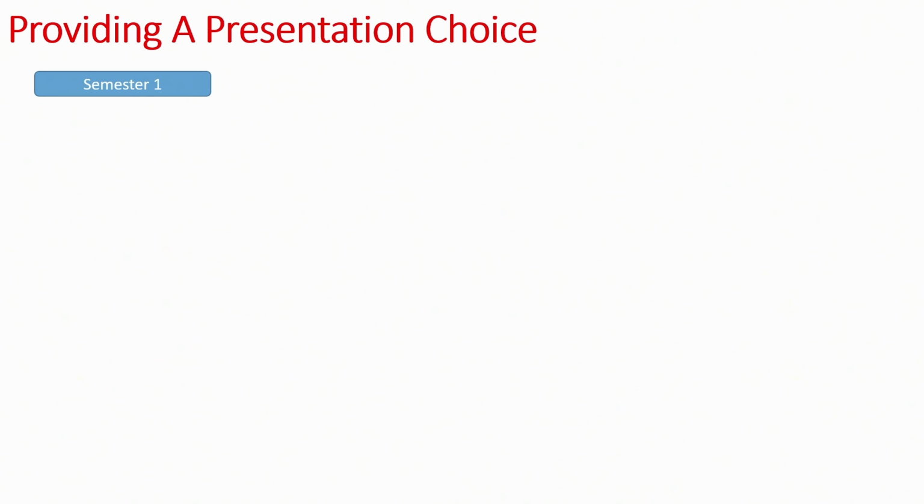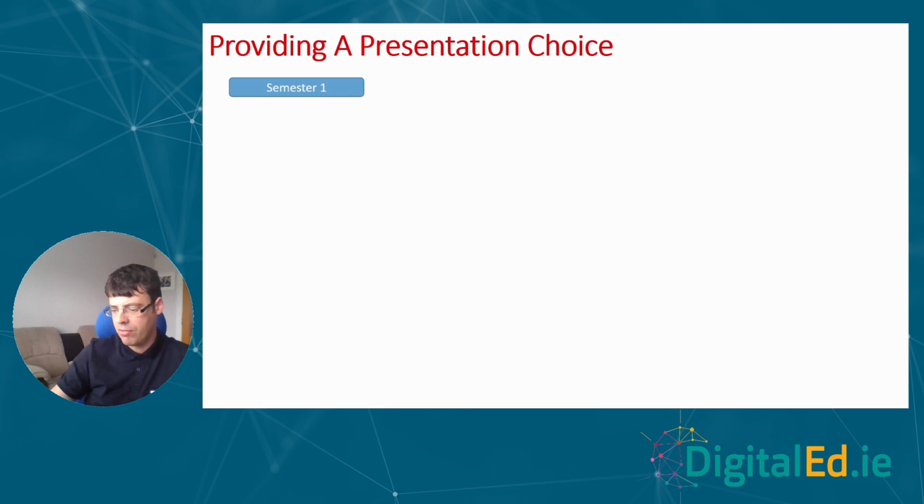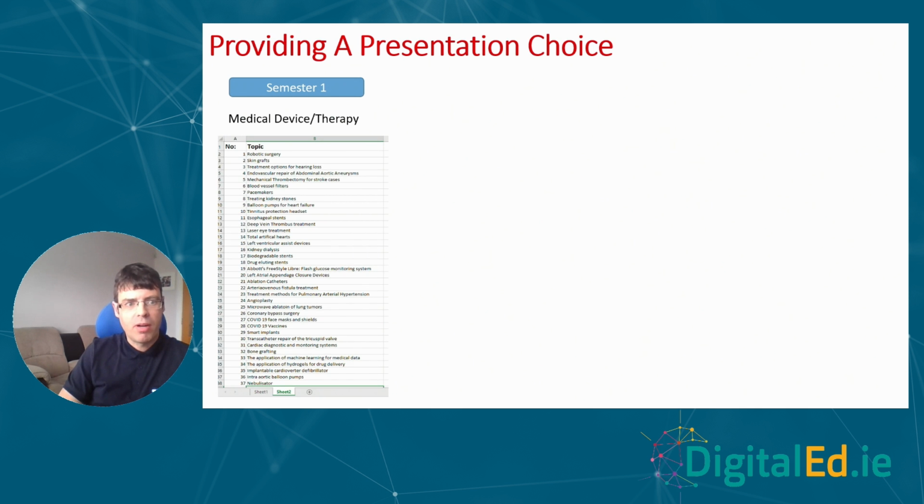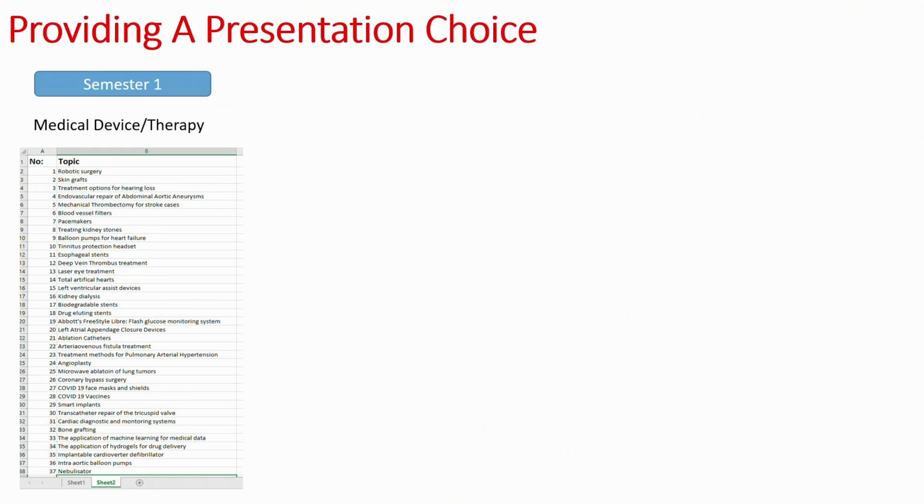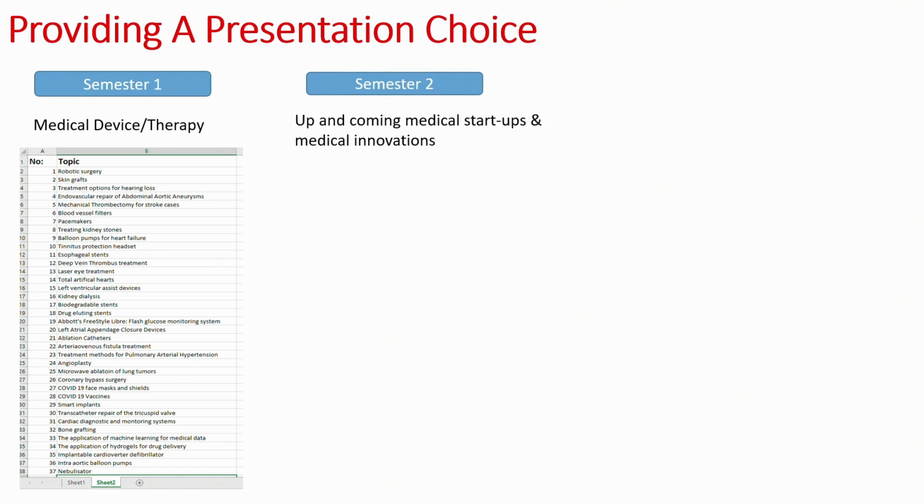So what I did is, for semester 1, they have to do a review paper on a medical device or a therapy. I have a list of topics, and that's just one example, from robotic surgery to esophageal stents to heart replacements, nebulizers, etc. In the second semester, for the second module that I have, they review up and coming medical startups and medical innovations.